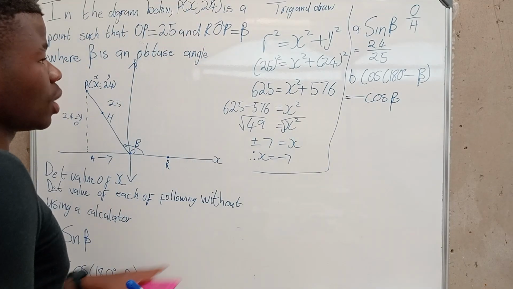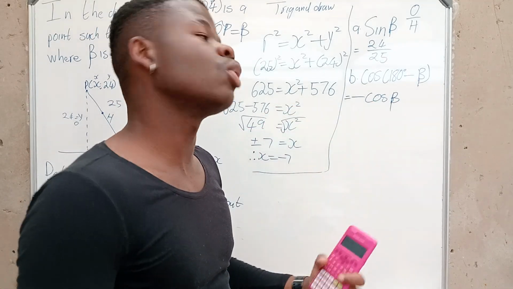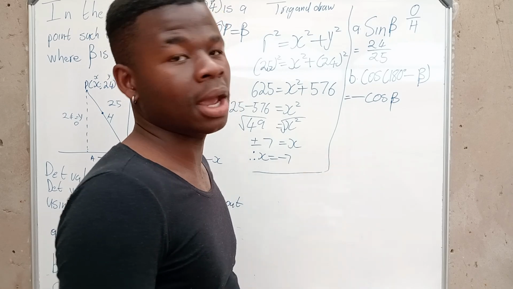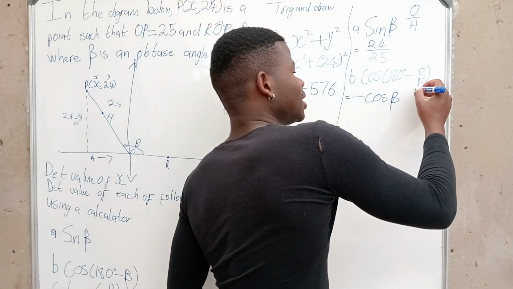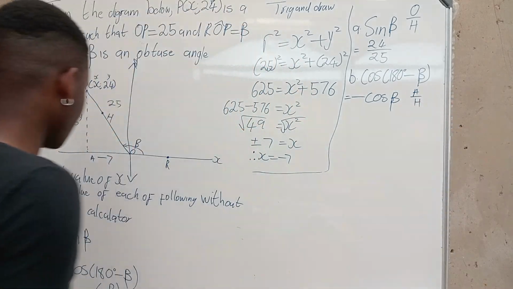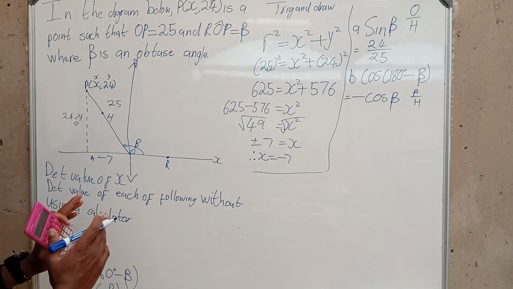Okay, so now you have negative cos beta. What do we know about the trig ratio cos? It is adjacent over hypotenuse. Then you go to your graph.